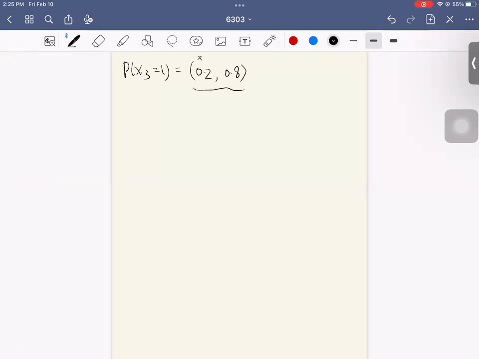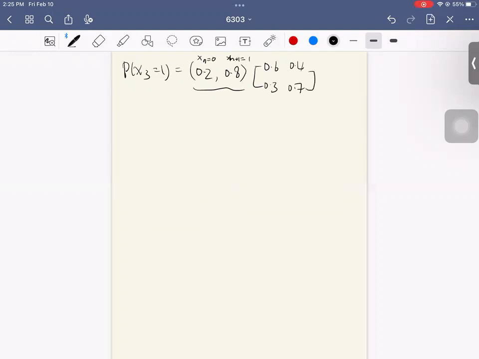That means n is 0 and the next one is 1. So here we can plug in those numbers we know, like 0.6, 0.4, 0.3, and 0.7 together.